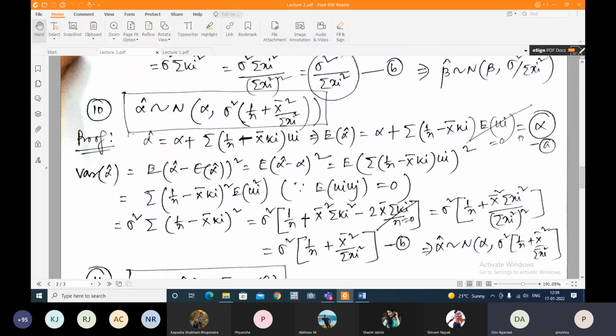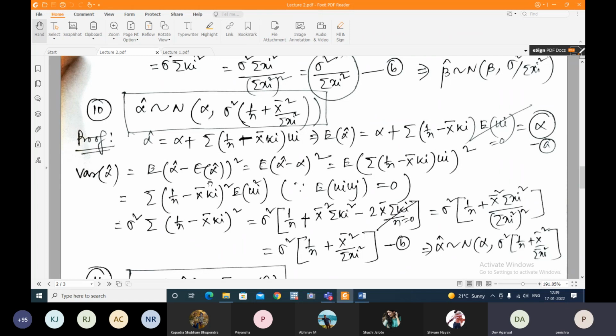Just take two observations, 1 and 2, and see there would be a product term like this. There would be a product term like this, and mathematical expectation of that would be equal to 0.